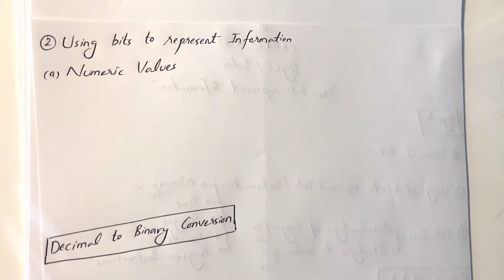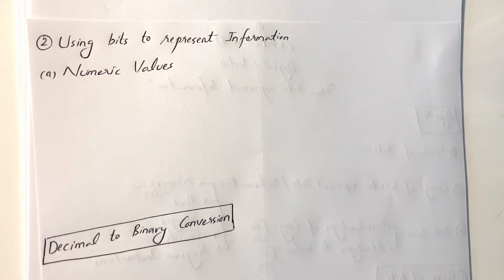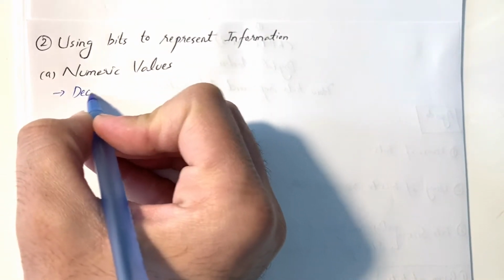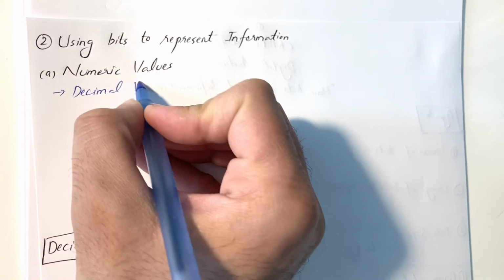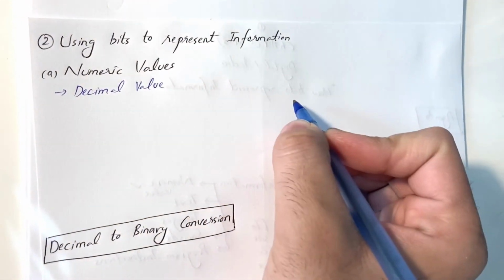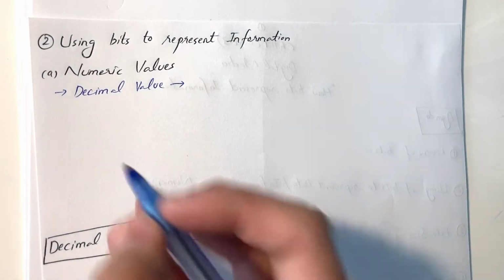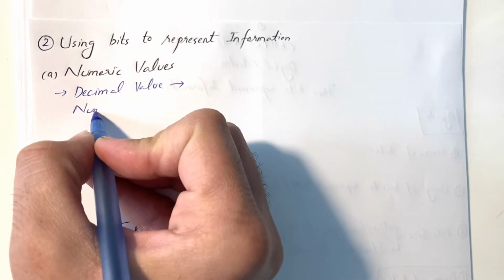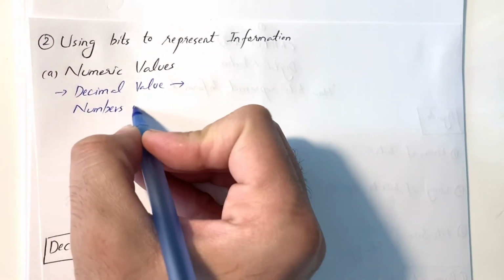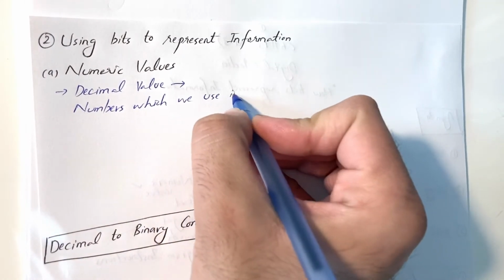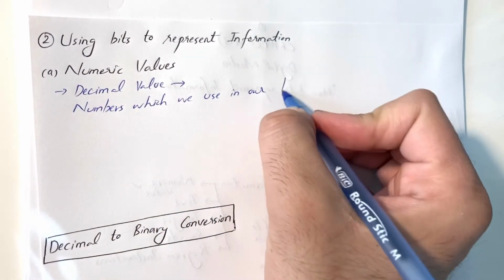If you interpret them, numbers can be of two types. A number can be a decimal number, base 10. Decimal values are the numbers which we use in our daily life, for example, 1, 2, 3, 4, 5, 6.